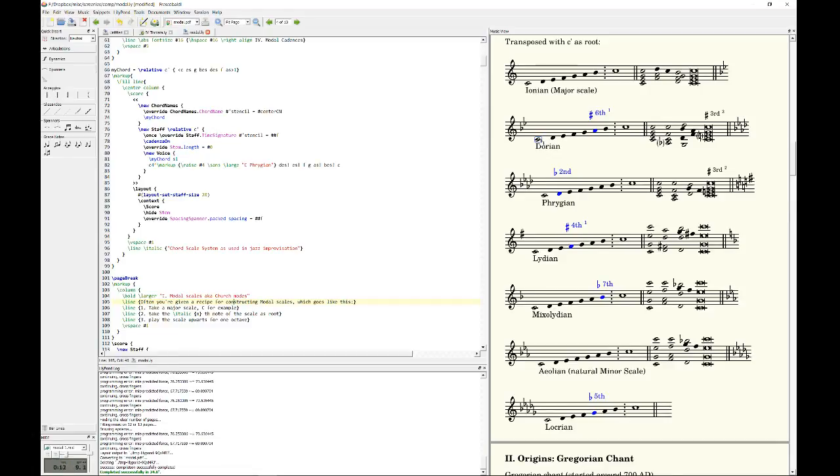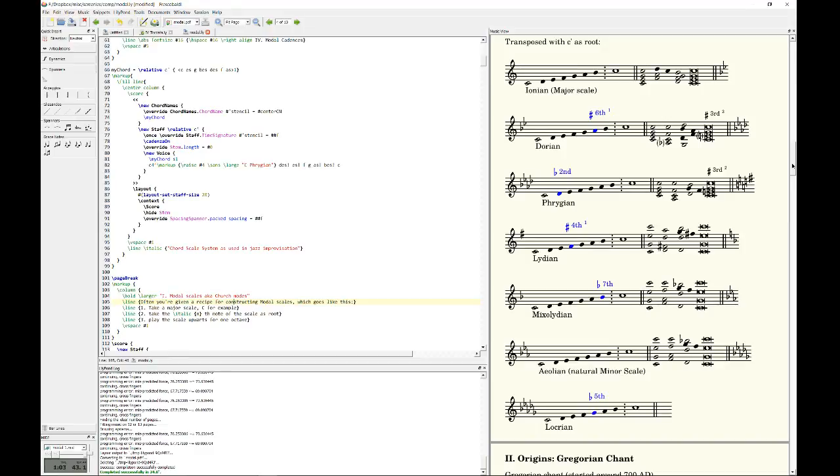Dorian. Phrygian. Lydian. Mixolydian. Aeolian. And Locrian. With the diminished fifth, so no cadenza.